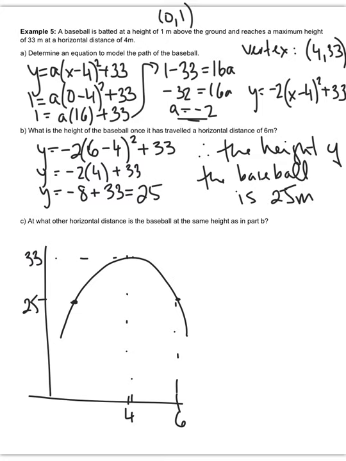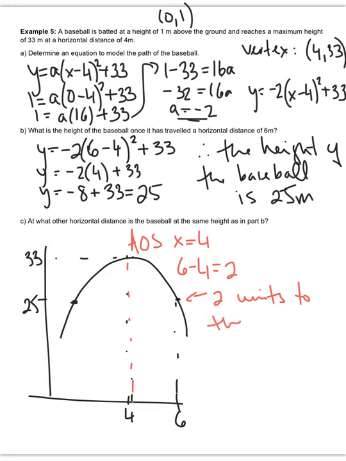You know that your axis of symmetry here is x equals 4, right? We also know that a parabola has perfect symmetry. Here we know that 6 minus 4 is equal to 2. So this point is going to be 2 units to the right of the axis of symmetry.